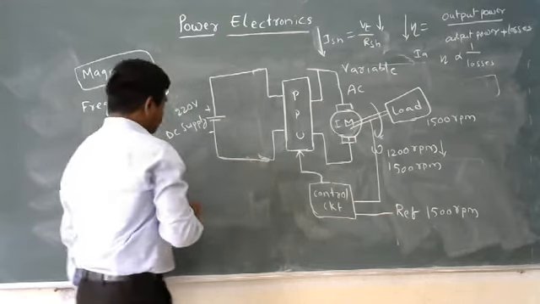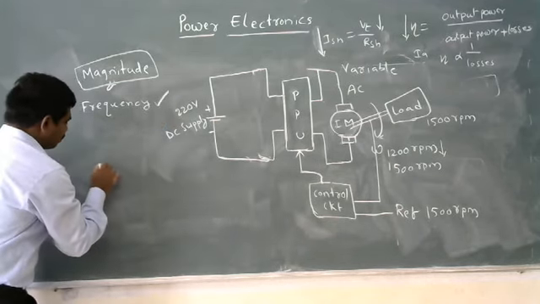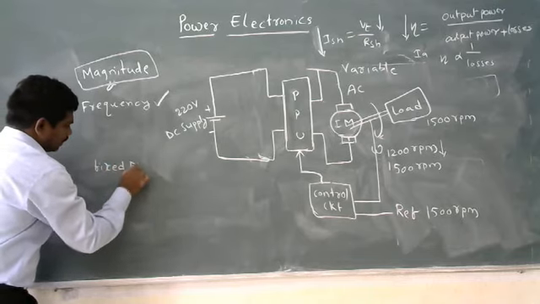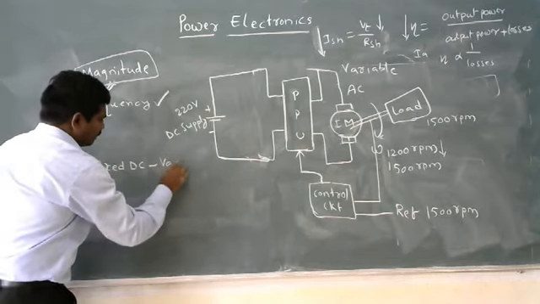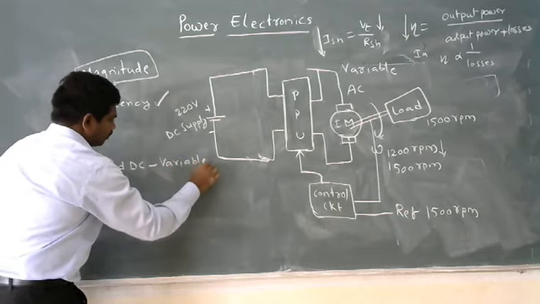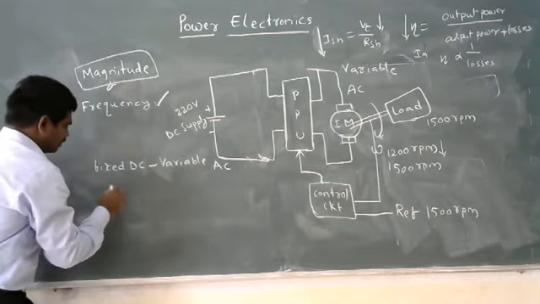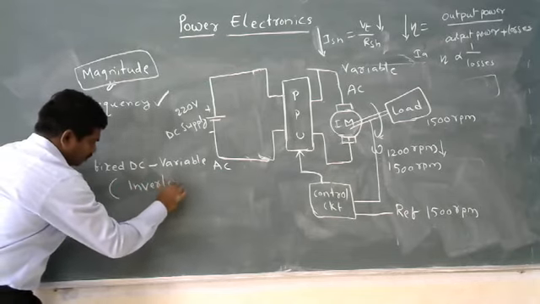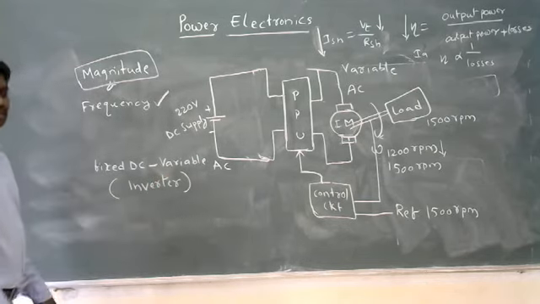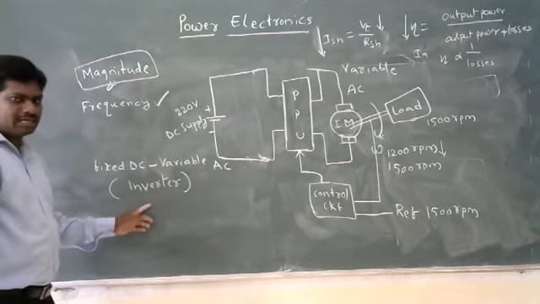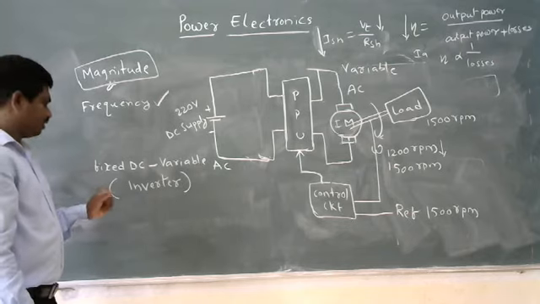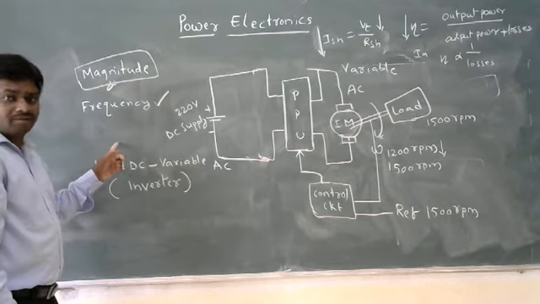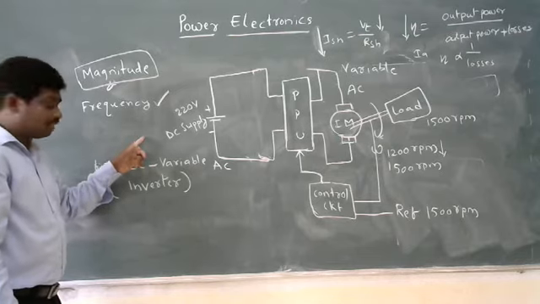At that time, the PPU is going to be used for what? Converting fixed DC into variable AC. In this case, the converter is called an inverter. Inverter means the inverting operation takes place as compared to a rectifier. In the case of a rectifier, fixed AC is converted into DC. The opposite happens here.